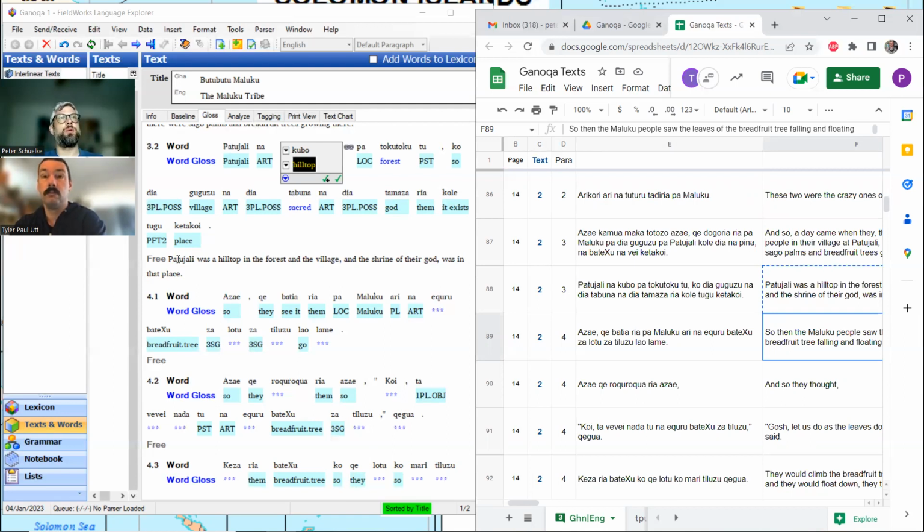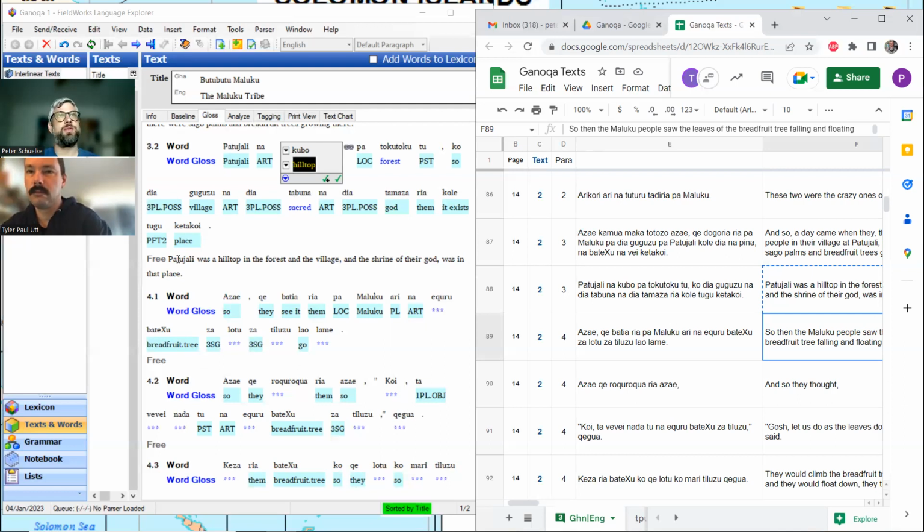I think that we were observing last time that this speaker uses Ria differently than the first speaker. I think it was actually a woman in the first text. Ria certainly means 3PL, third person plural, but it might be actually referencing the subject here.